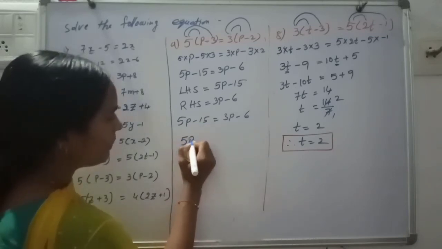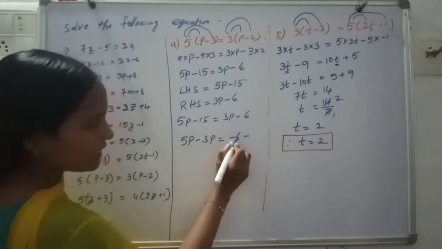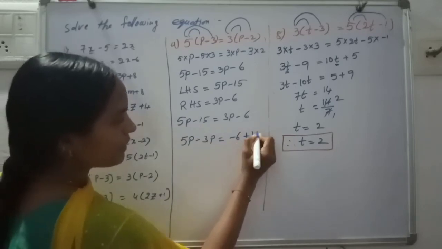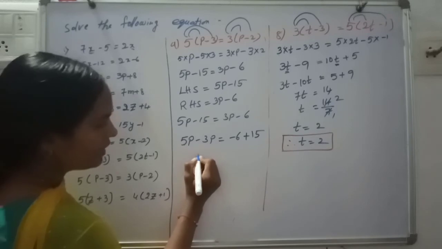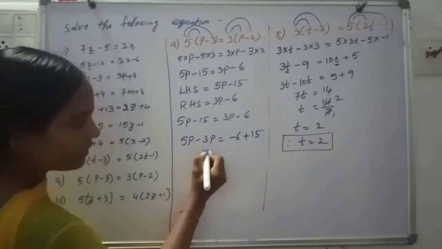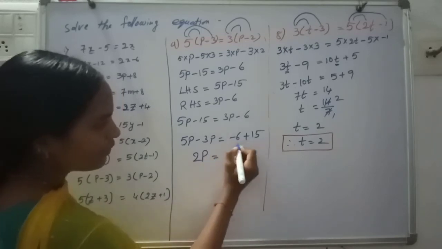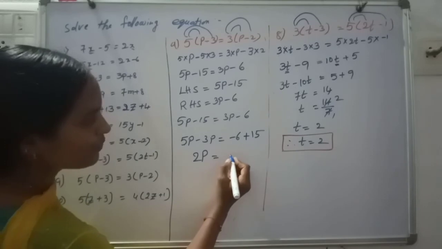Next, 5p minus 3p equal to minus 6 here, and minus 15 goes to plus 15. Now 5p minus 3p is p times (5 minus 3), which is 2p. Now minus 6 plus 15, what is that value? 9.